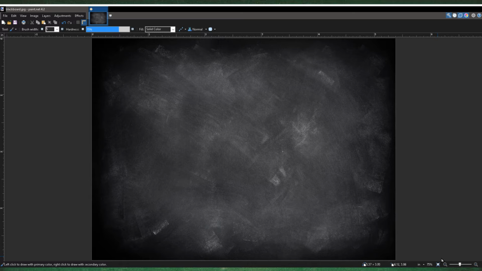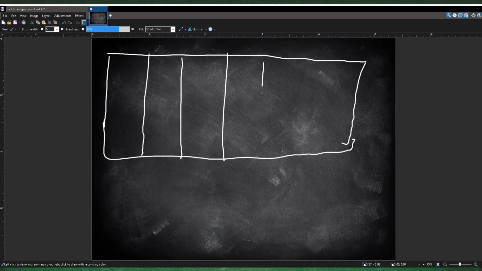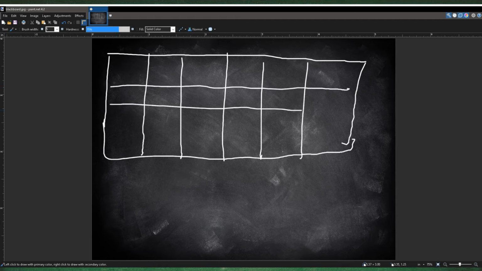Okay, so now let's work on an example. So let's draw a chart out. We have 1, 2, 3, 4, 5, 6, and we have 4, 2, 3, 4.